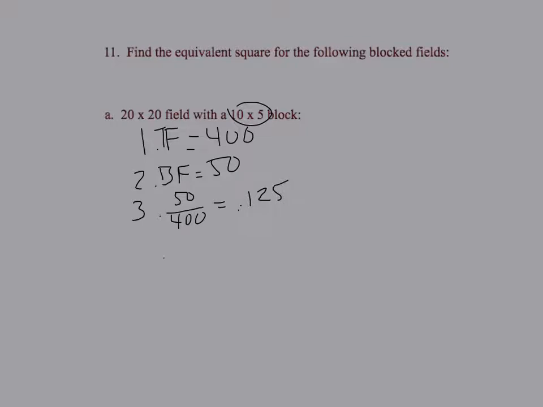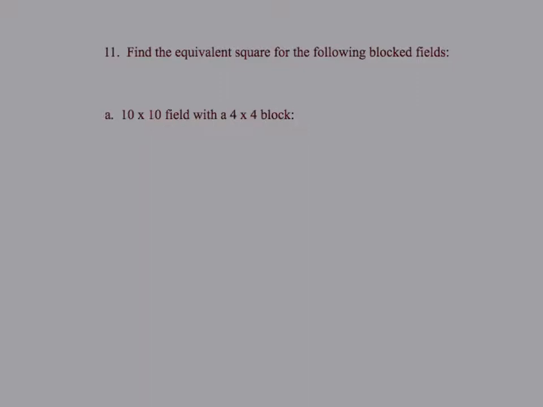Your equation is the field size of the total field times the square root of 1 minus the ratio of block to open field. And when you do that out, that's step 4, the answer for that should be 18 point something.